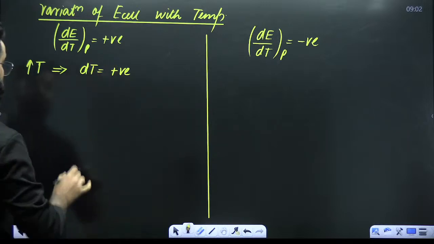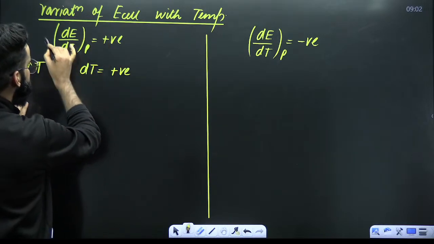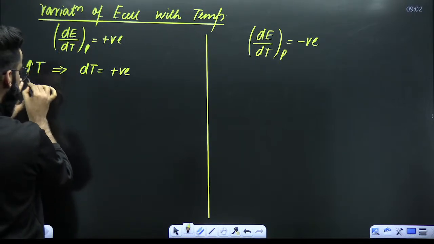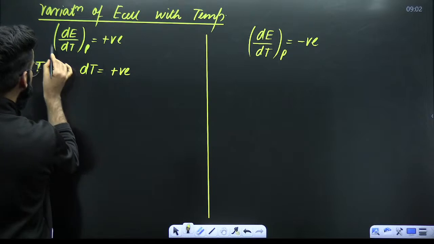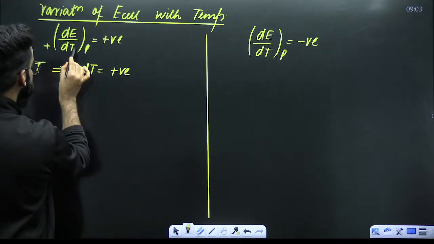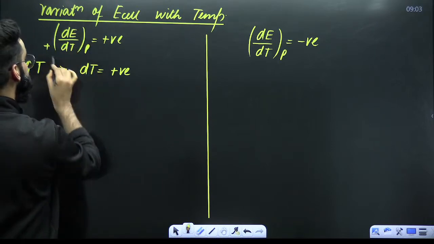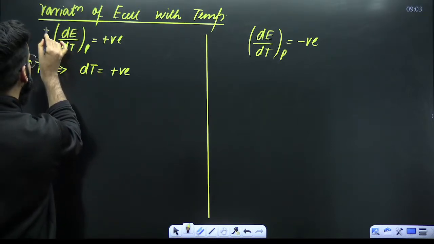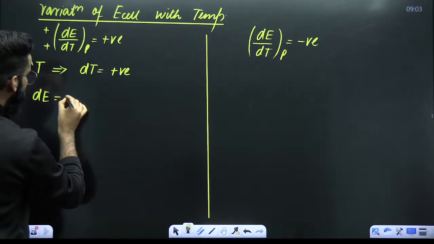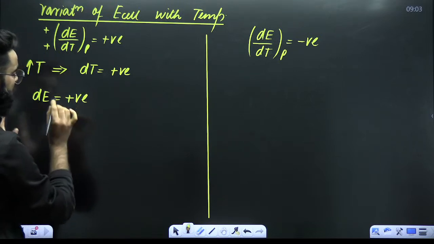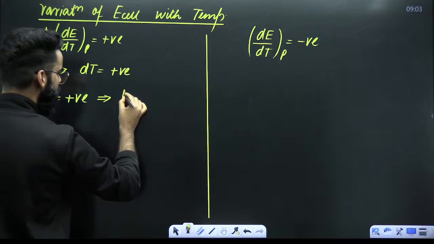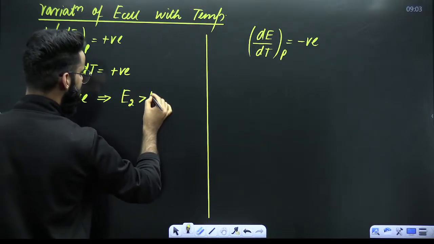Now this overall term is positive, and the denominator is positive. For the whole term to be positive, dE value should be positive as well. dE positive means change in EMF will be positive, the final EMF will be greater than initial EMF.